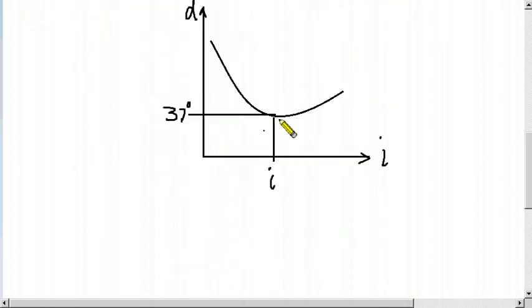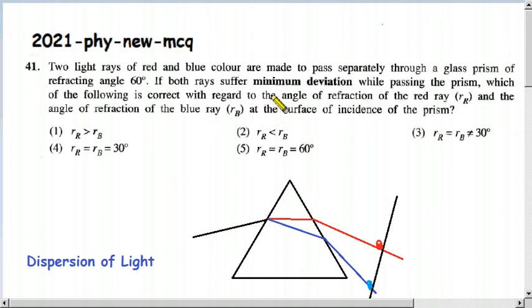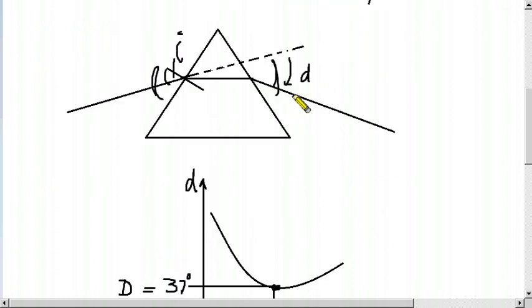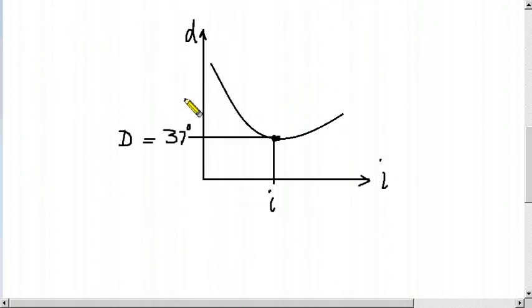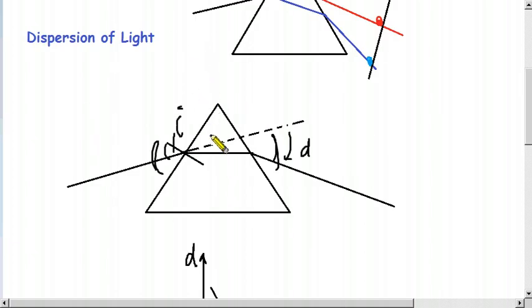So there is a certain I value. This specific deviation is called capital D, the minimum deviation, which they discuss in this question. When we reach this minimum deviation, the ray passes through the prism symmetrically.